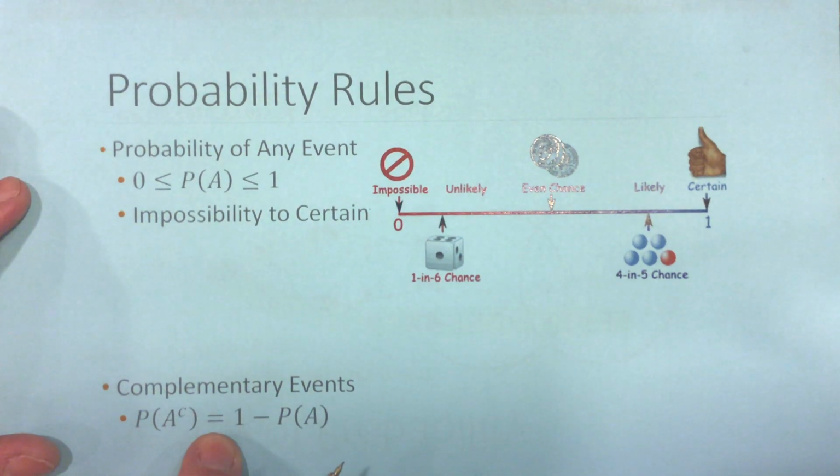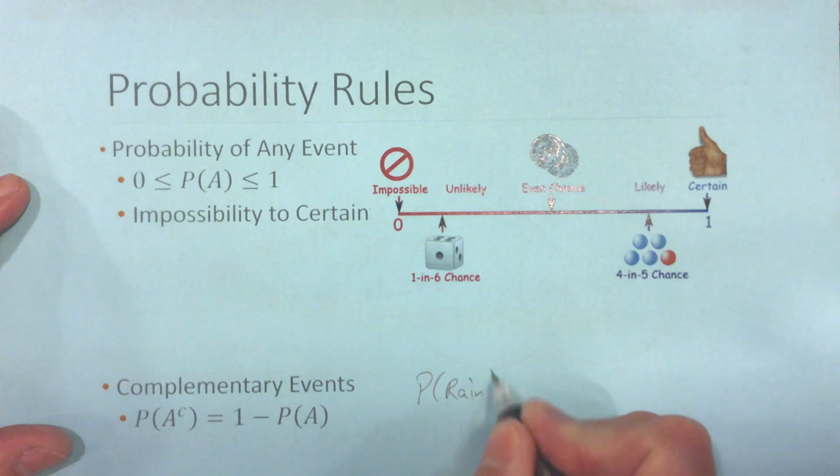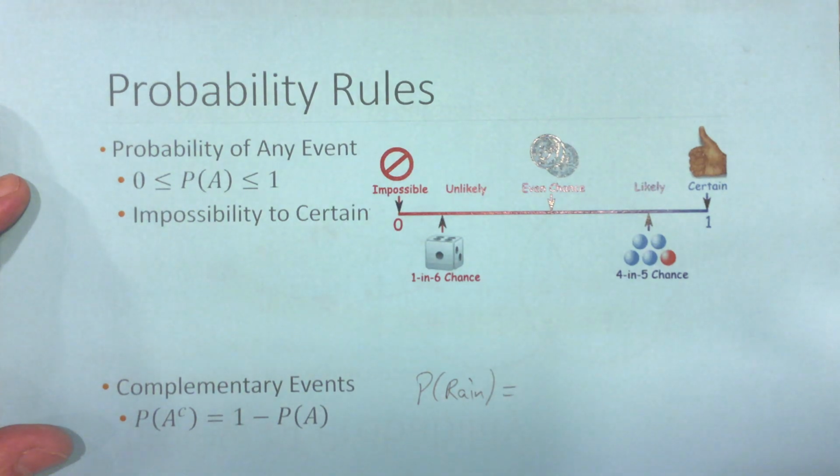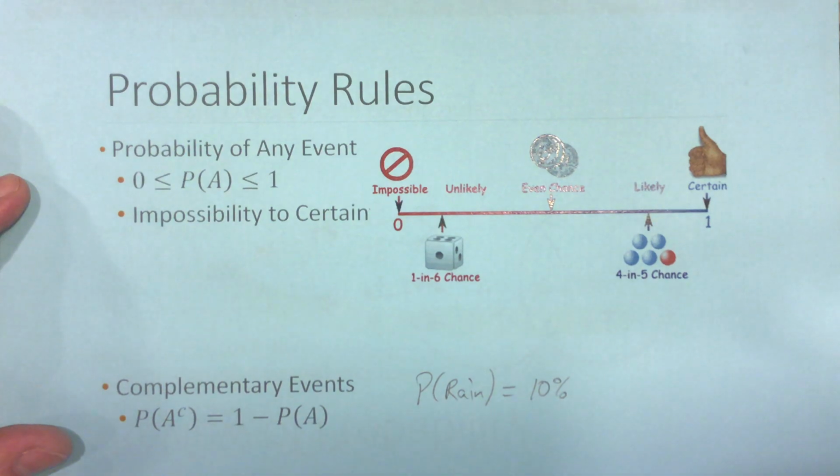Now here's something you may or may not know. You probably know it from a common sense approach, but you may or may not know the notation and the word complementary events. Let me give you an example. Let's say the probability that it rains today is 10%. I'm giving you that information.